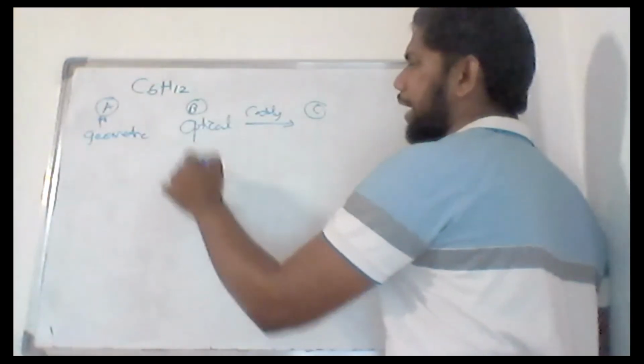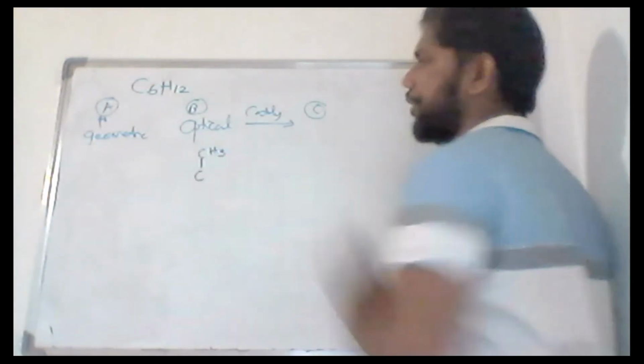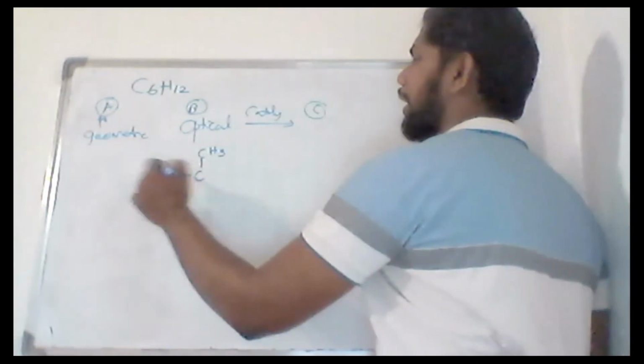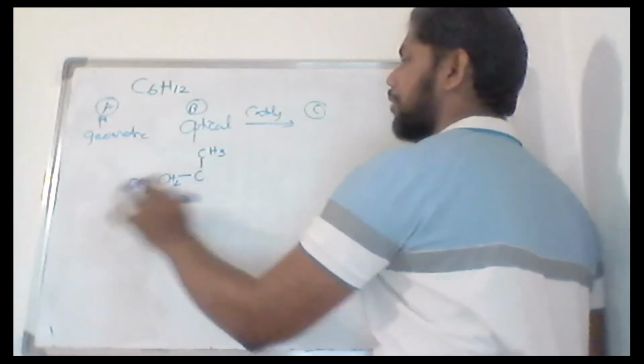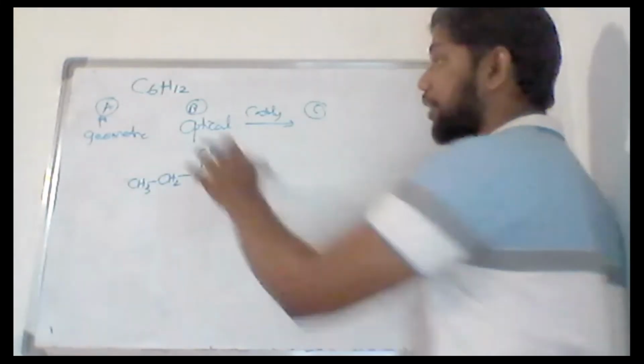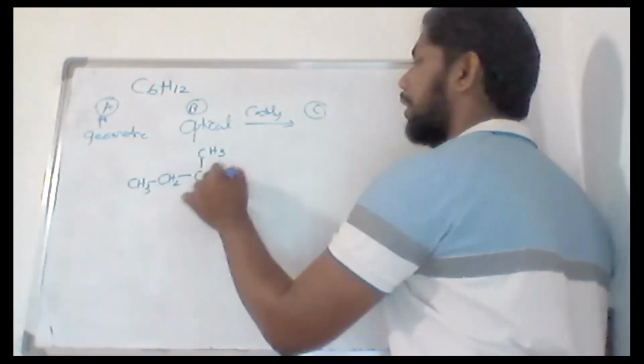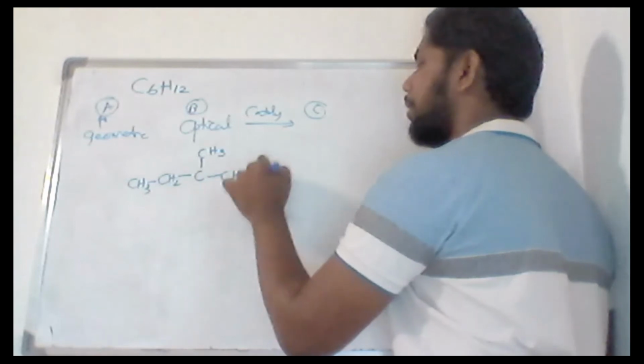So let's see, we have the CH3 group like this, and another CH2, CH3. So we have 1, 2, 3 carbons here. Another one is 4 here. And I can use the double bond like this.